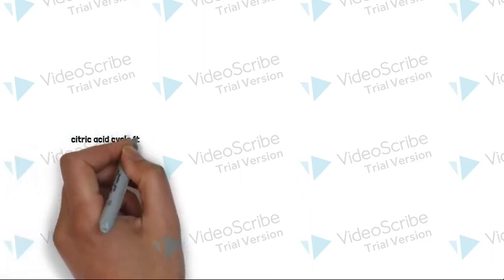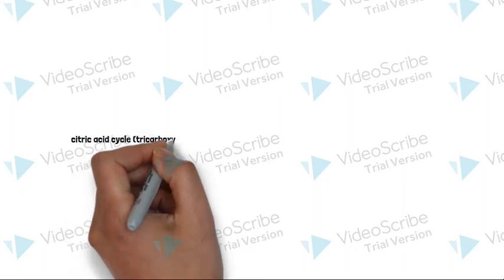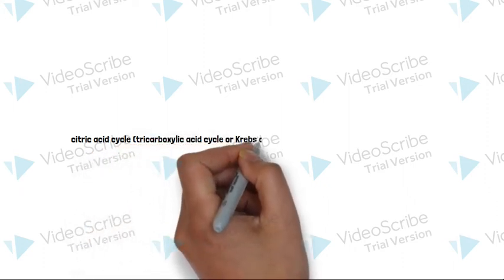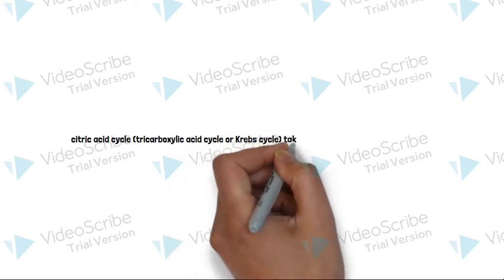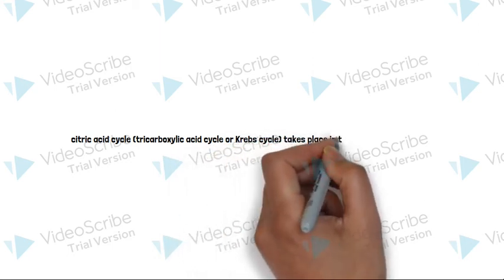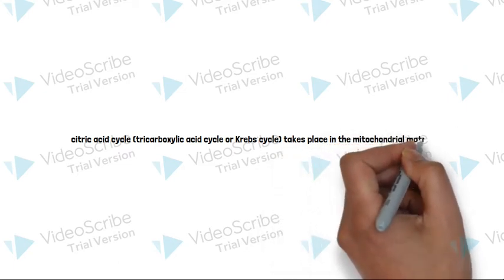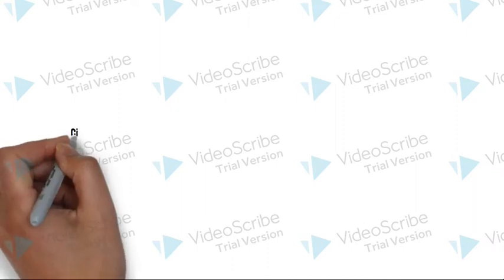Now this citric acid cycle is going to take place in the matrix of mitochondria. It is because the enzymes required for the citric acid cycle are present there.